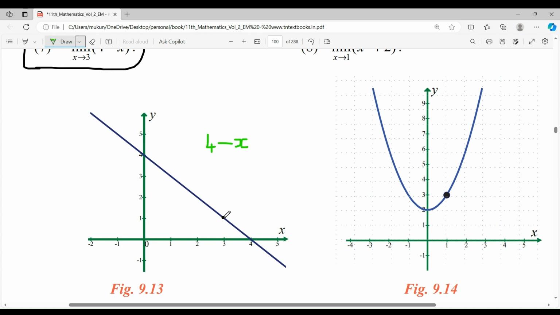And let's assume that we pick a value very close to 3 on the left hand side, and on the right hand side, say this point. You still notice that it takes the value 1 as we get very close to 3, right?